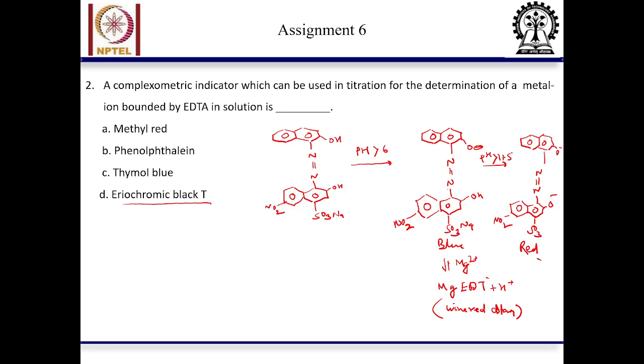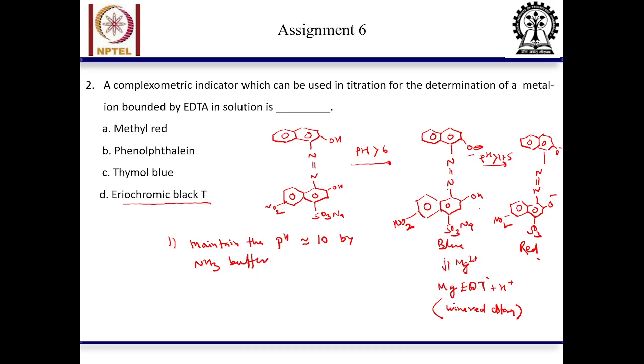If anyone has done the complexometric titration, they always say one thing: maintain the pH more or less around 10 by ammonia buffer. Here is the reason.